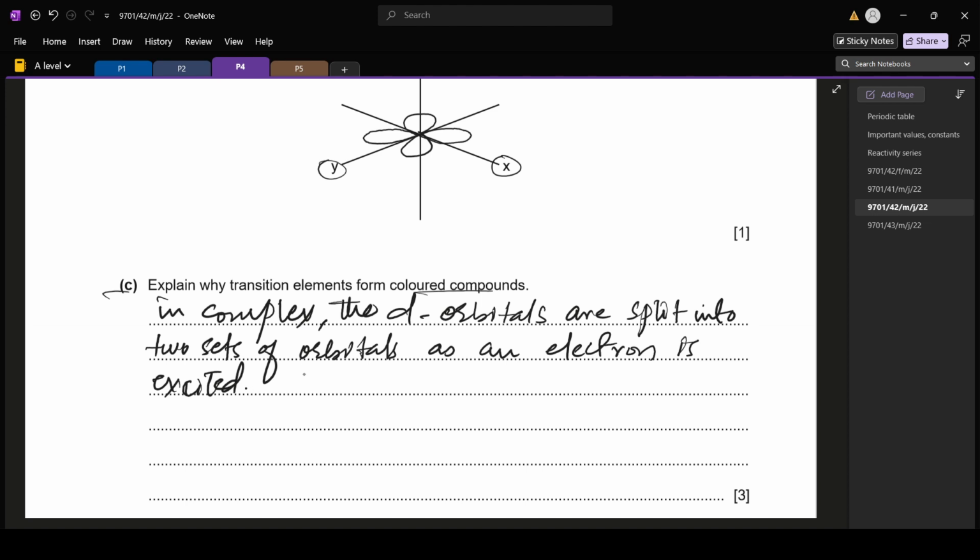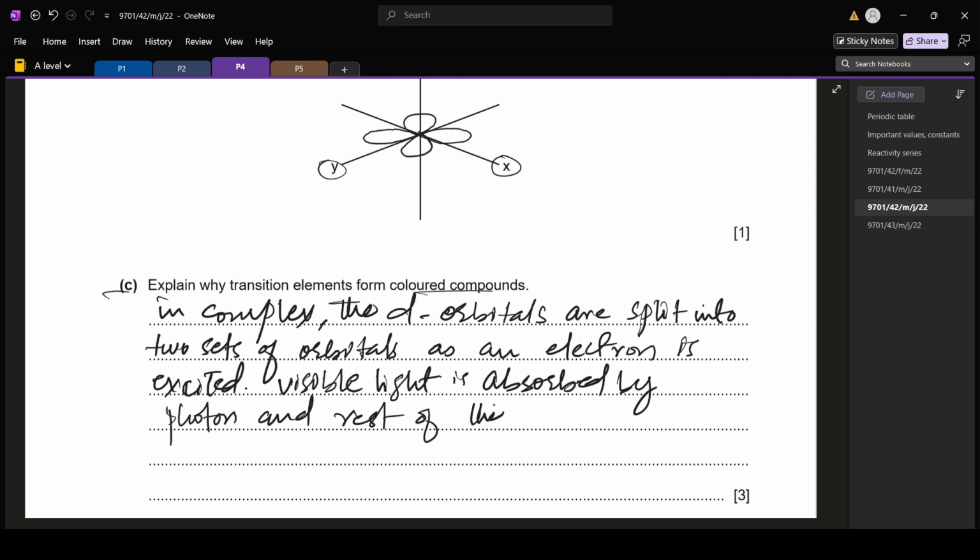And the photon absorbs visible light. Or you can write that visible light is absorbed by the photon, and the rest of the energy gives the complementary color.